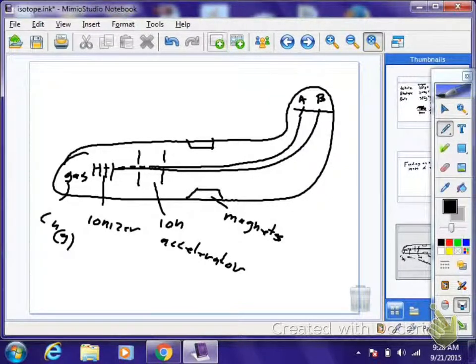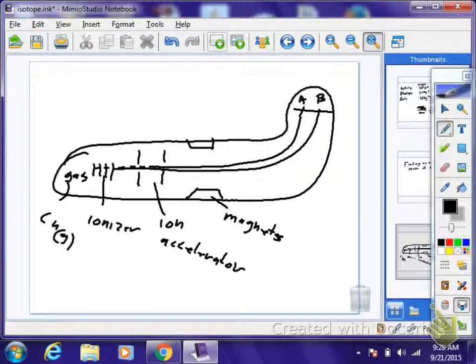Okay, what law are you using to know that B has a bigger weight? Newton's law of motion. Every object in motion stays in motion, and an object at rest stays at rest. So the bigger the particle, the more it wants to continue in a straight line, and there would have to be a bigger force to deflect that particle.